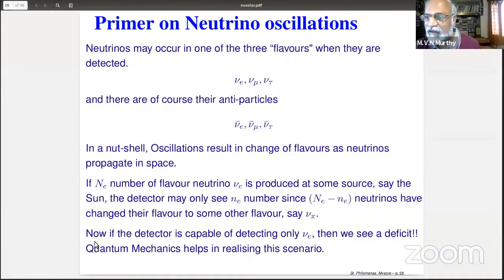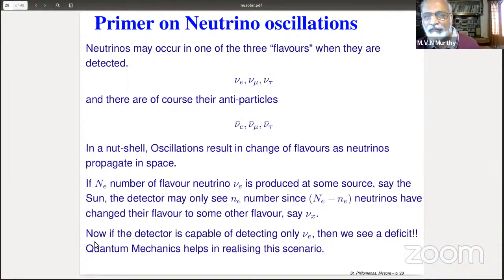Now, as I mentioned yesterday, any solution has to come from neutrino properties because the deficit is seen not only in solar neutrinos, but in atmospheric neutrinos also. So it is not a property of the source that we don't understand, but a property of the neutrino that we need to understand, going beyond what we already know in the standard model.